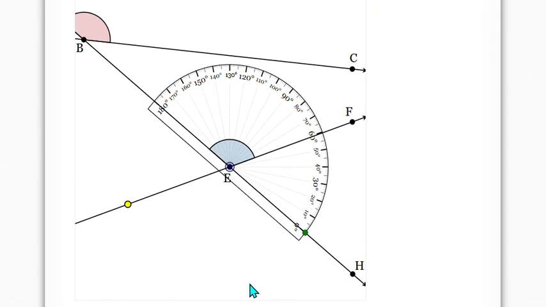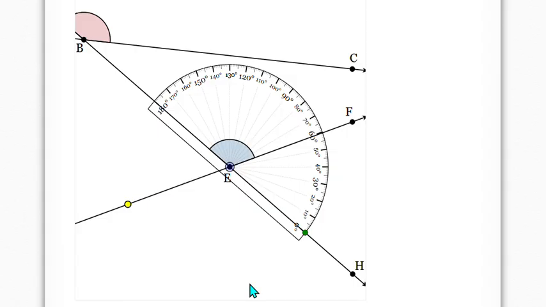I'm going to do 180 minus 146. If you're doing this with me, we're going to go into our calculators, and we're going to go 180 minus 146, and that is going to be 34.